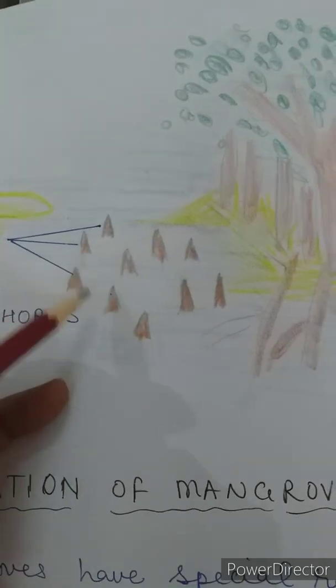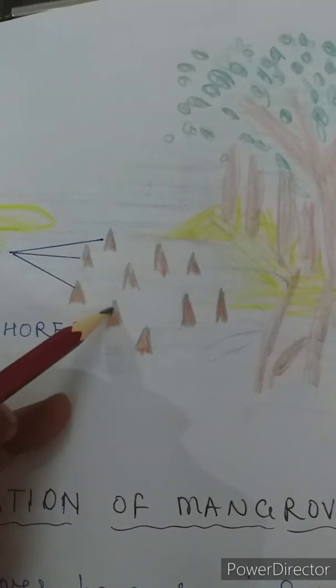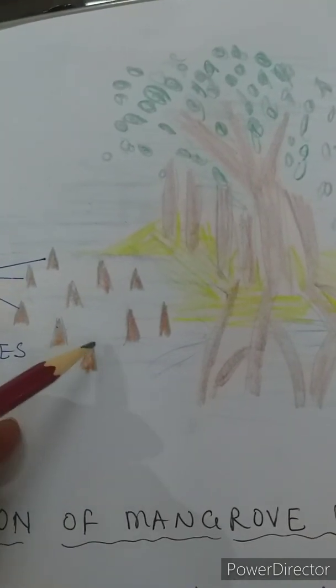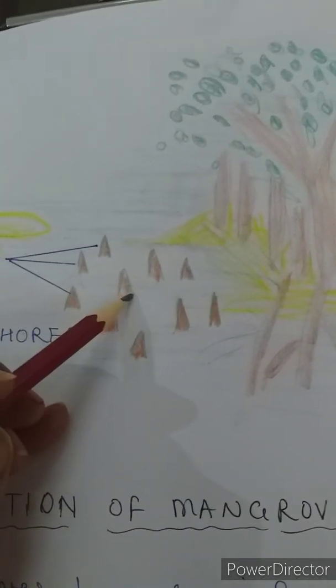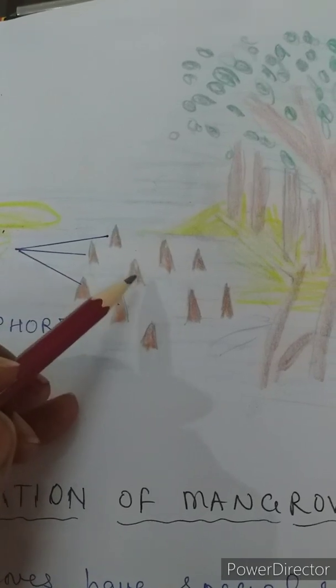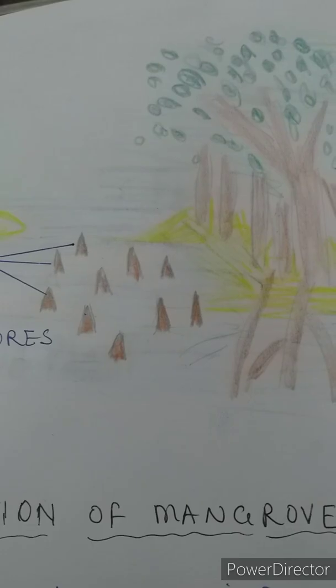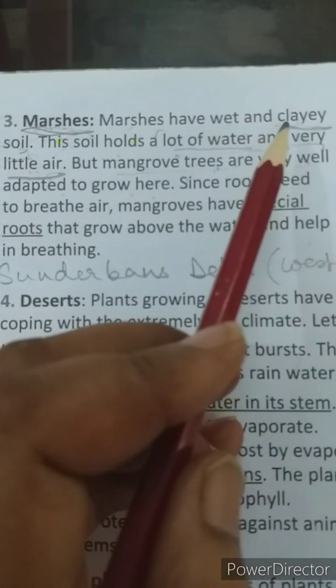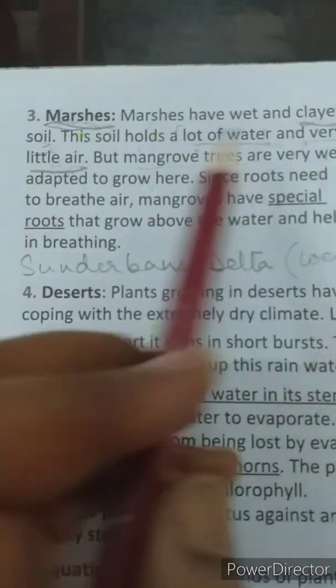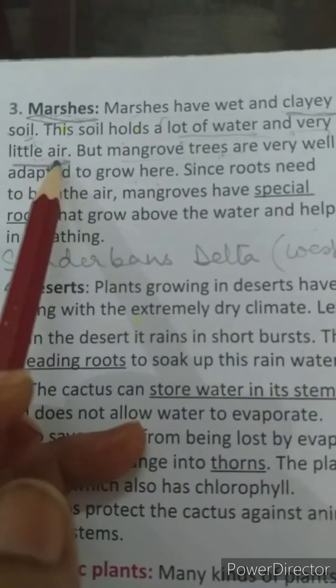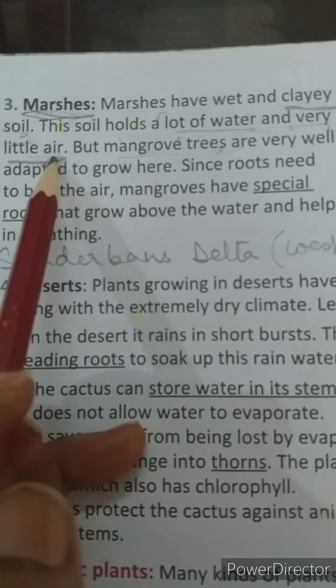There are many names of these pointed parts. These actually grow from the underground roots. Okay, children, why do they grow upwards? Actually, I have already told you, children, that clay soil in marshes has very little air, very little oxygen content. But all the trees, you know, need oxygen to grow.